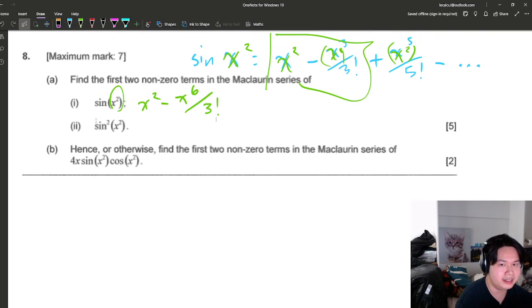And then from there, I want sine squared x squared. So all this is, right, is just sine times another sine.